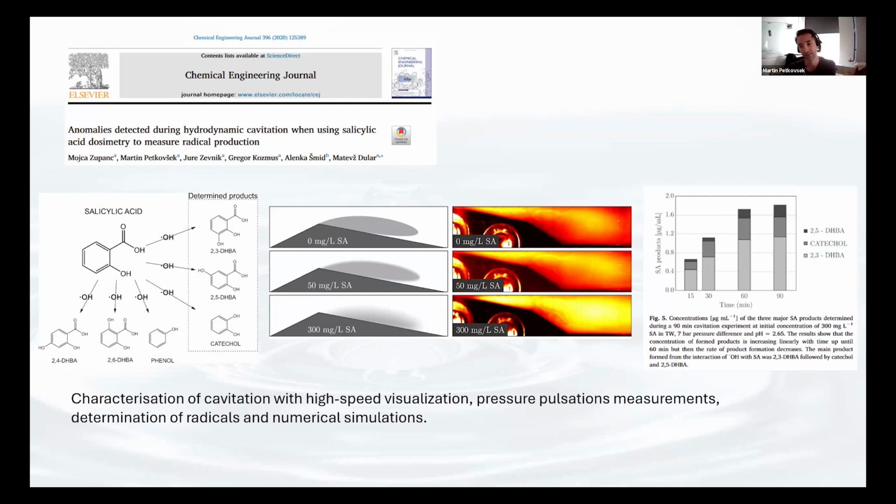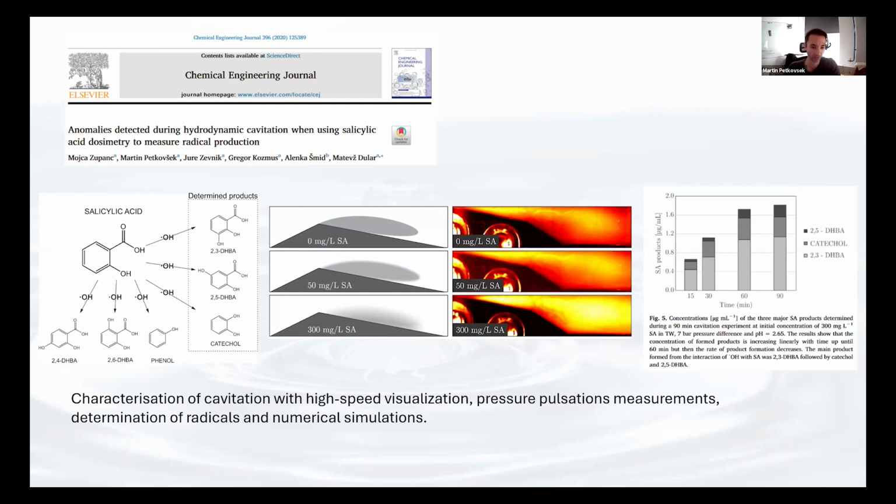And the result of this study was actually that one needs to be extremely careful when using various chemical methods for determination of, for example, chemical effects by cavitation, because we noticed that even really small amount of added substances in the cavitating flow can change the cavitating flow completely.